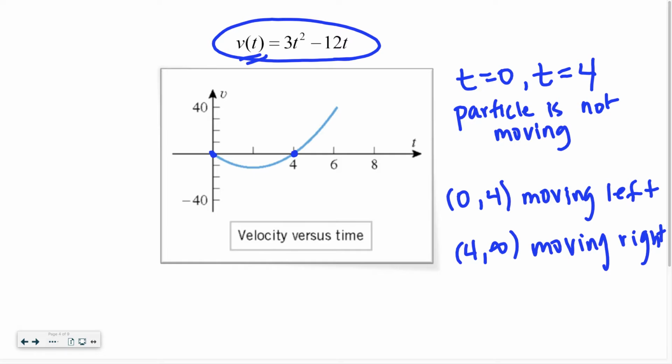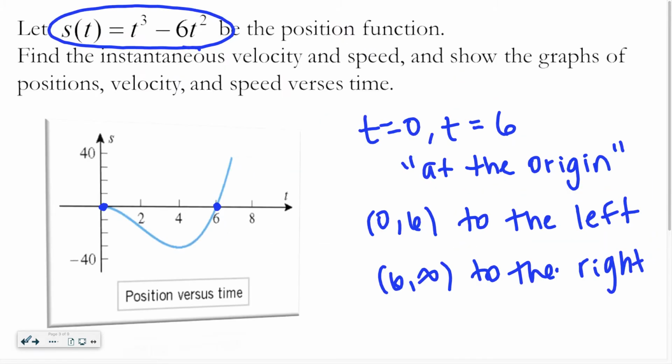Let's talk about how we know this. This is velocity, which means it's our derivative, correct? Our velocity is negative from 0 to 4, which means we're moving left. Our velocity is positive, which means we are moving right. Could we tell this information from the graph of position? From 0 to 4, our position is decreasing.